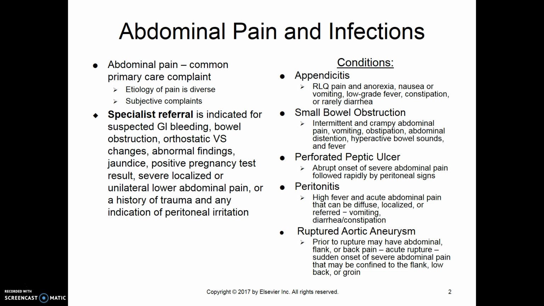So use your critical thinking and your common sense to say, hey, my management from primary care is, number one, the priority is to recognize an acute abdomen and then refer them appropriately. Number two, with many of these conditions, I will be managing them. And then very concise complications and referral information is provided.